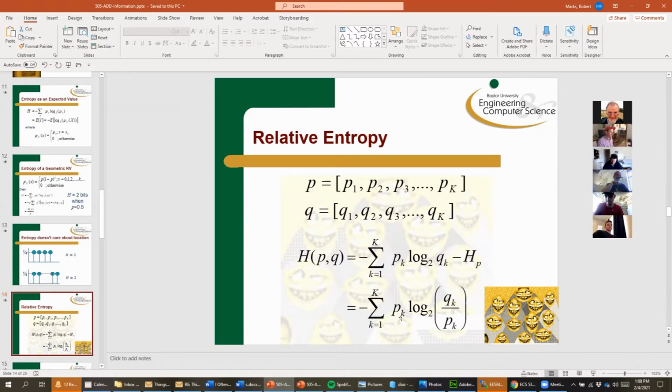It's minus the summation of p_k times the log of the ratio between q_k and p_k. What happens if P is equal to Q? What does this summation become? Wouldn't you be adding up a whole bunch of zeros? So therefore, this relative entropy becomes 0 when P is equal to Q. Good job. Yep, exactly.